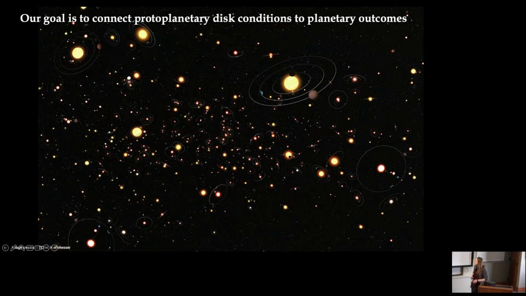So on to the science. The main goal of my work is to connect protoplanetary disk conditions to potential planetary outcomes. There's been thousands of exoplanets observed to date, and many of them exist in planetary systems that are very different from our own solar system.